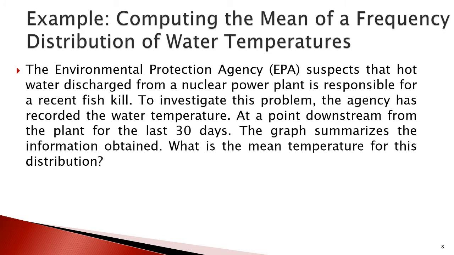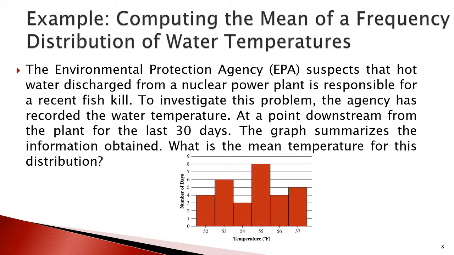So we are going to calculate the mean of a frequency distribution of water temperatures. Please read this question. Here we are asked what is the mean temperature for this distribution, and they have given us a graph of the summary.